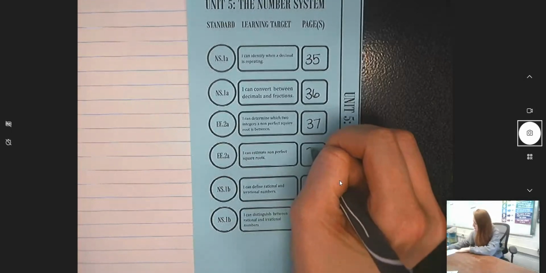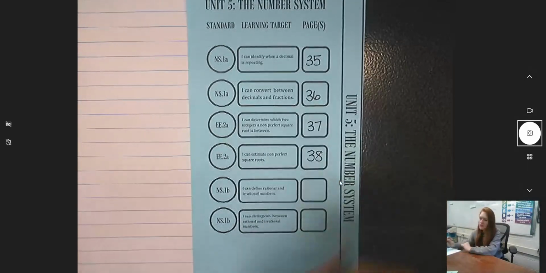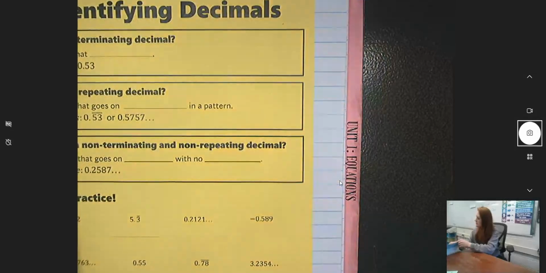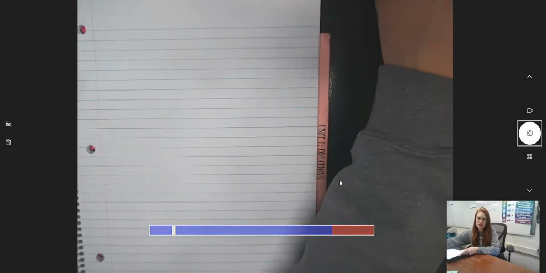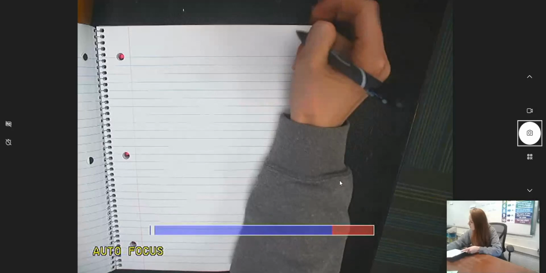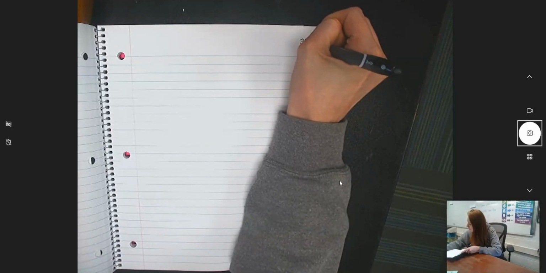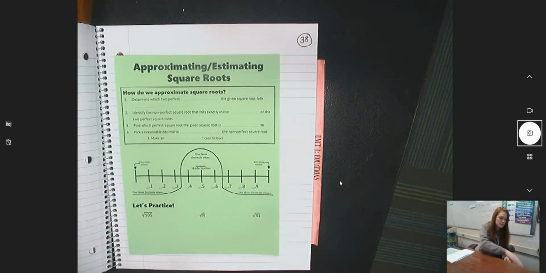Okay, so this is going to be entry number 38 in your notebook. So if you flip through to that next page, we're going to number this 38, and we're going to glue in this green sheet to our notebook.